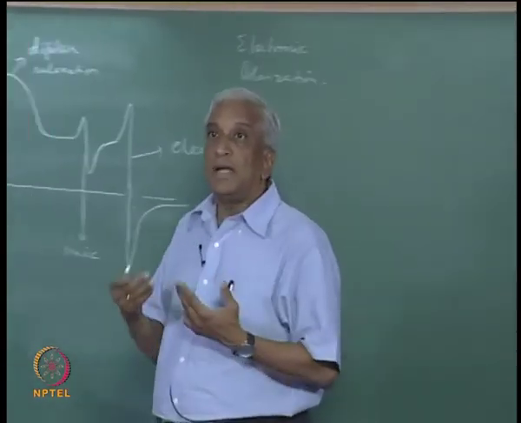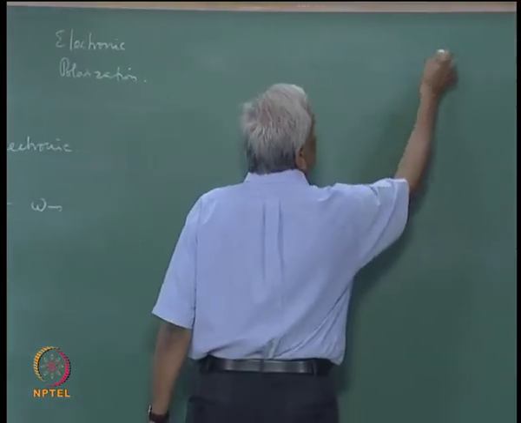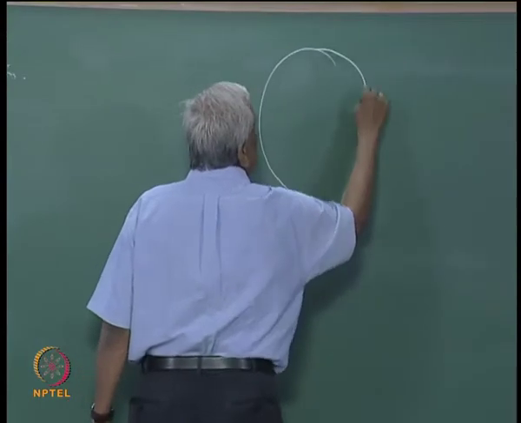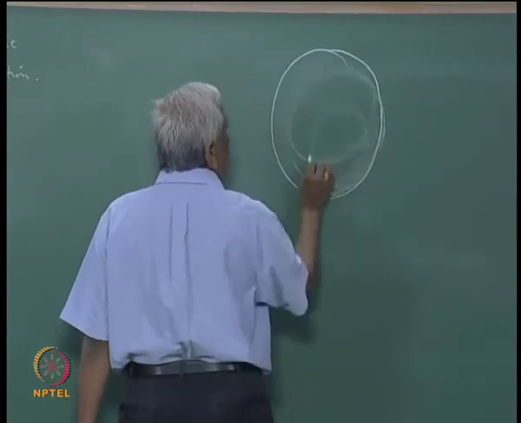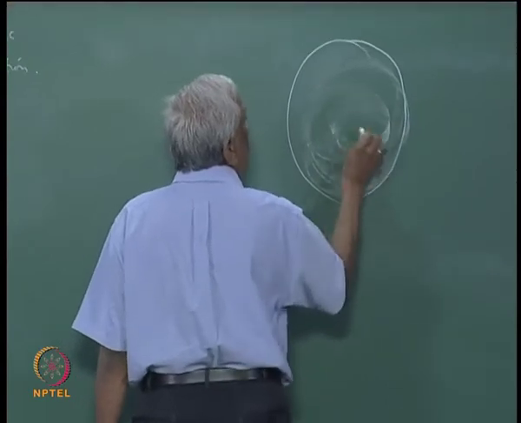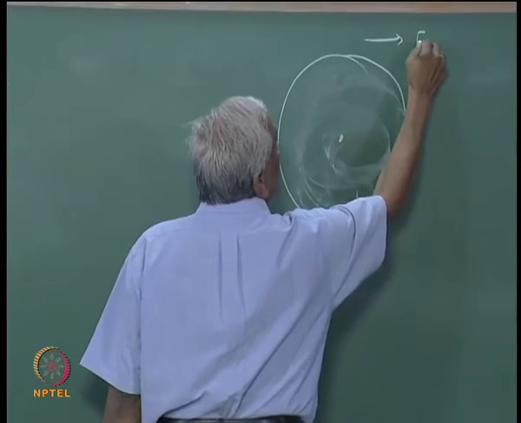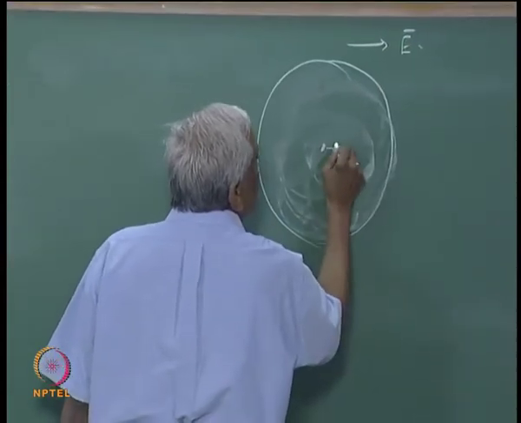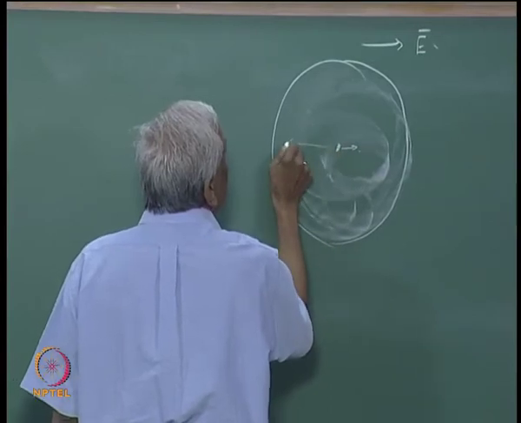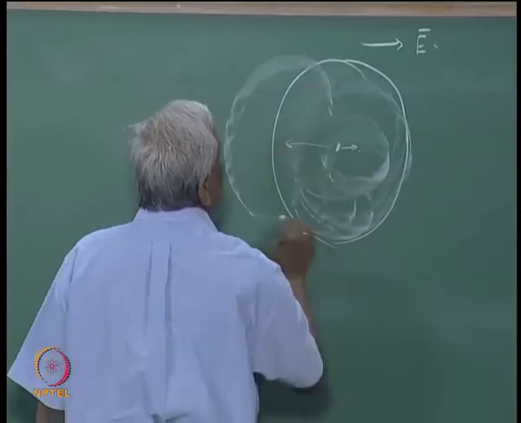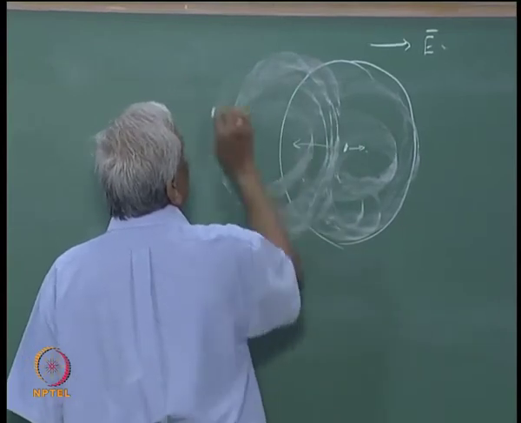So, this can be done because we have already seen how, in the presence of an applied electric field, in the case of a spherical atom, the electronic cloud with the nucleus, how the nucleus gets displaced slightly, while the electronic cloud is displaced much more, and so there is a rigid shift of this electronic cloud.